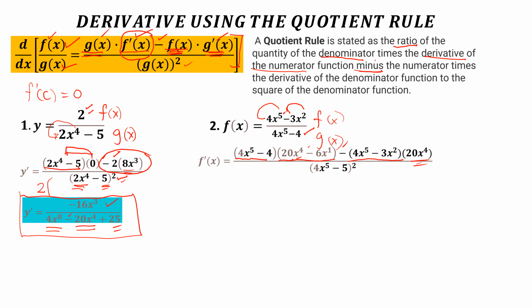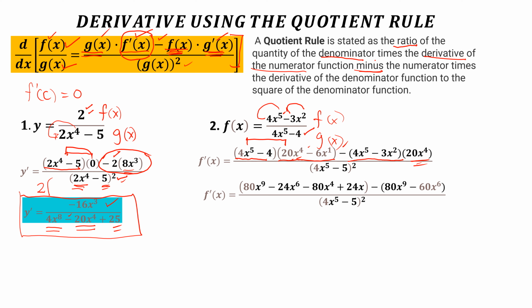And our overall denominator is 4x to the 5th minus 5 to the power of 2. So far, we will now distribute using the FOIL method. We have 80x to the 9, and we have the negative 24x to the 6, because 4 times 6 is 24, x to the 5th times x to the 1 is x to the 6.